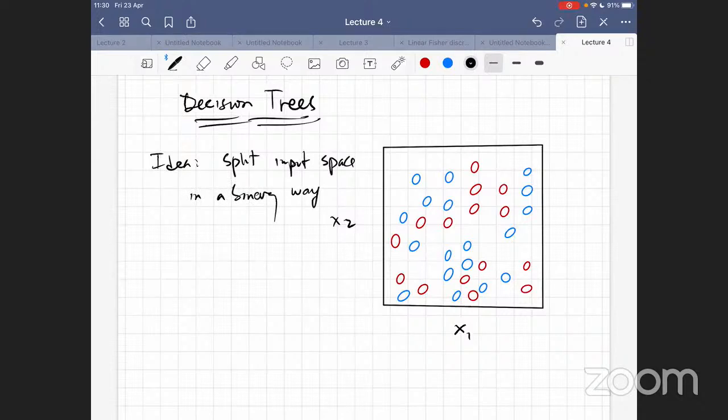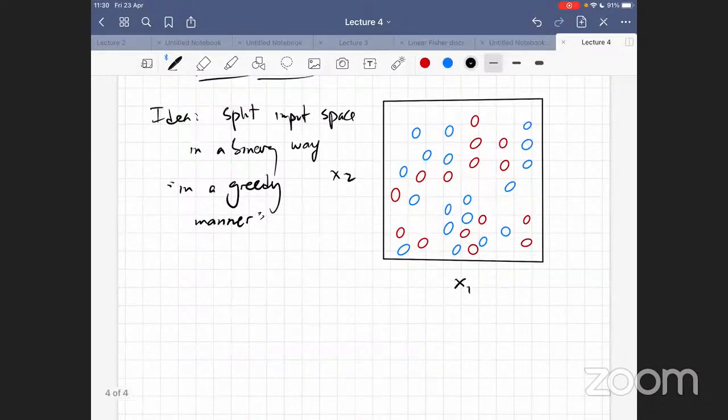According to some criteria that I will talk about. But you do this in a greedy manner. By greedy here I mean that you are always making a decision based on the current state of your system.